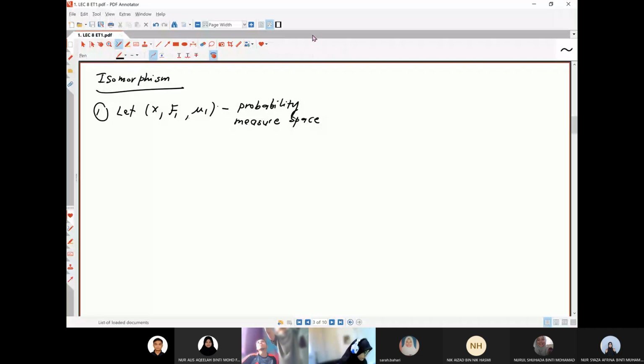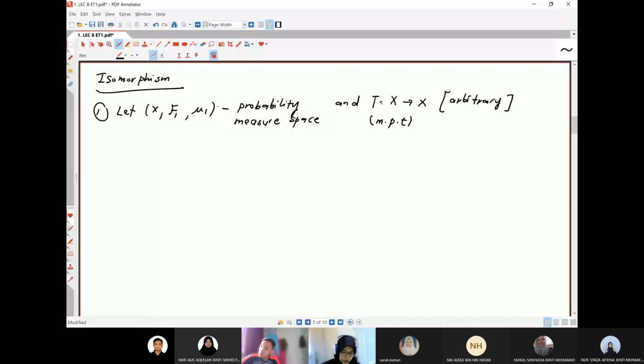Okay, now we define T, the transformation from X to X, is a measure preserving transformation. So we call this an arbitrary transformation. Can be anything.